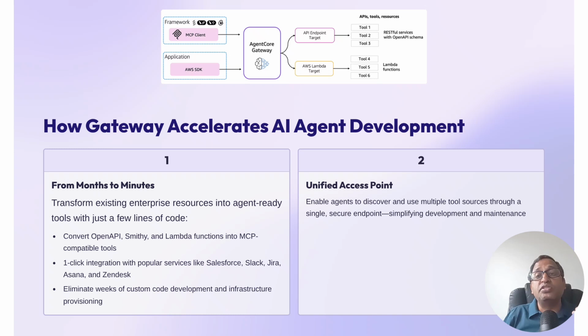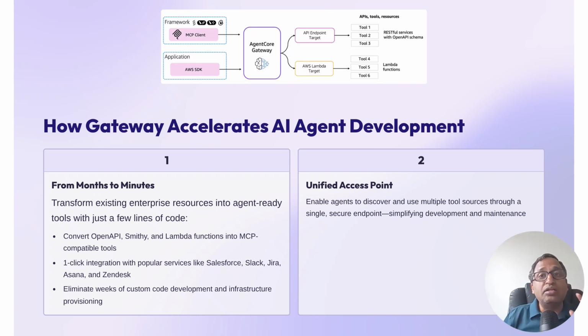It even supports integration with something like Salesforce, Slack, Jira, or Zendesk. This means you are not writing business logic or building scaffolding from scratch. You are simply packaging what you already have. You have some Lambda function which is doing some function. You can just quickly convert that into an MCP tool which all your agents can start using, right?